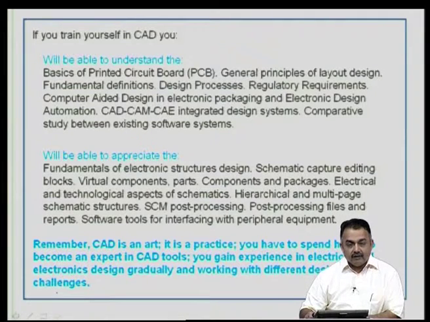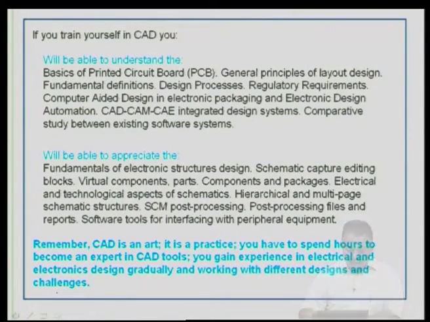If you train yourself in CAD, you will be able to appreciate the fundamentals of electronic structures design, schematic capture, editing blocks in a software package, virtual components, parts, components and packages, electrical and technological aspects of schematics.